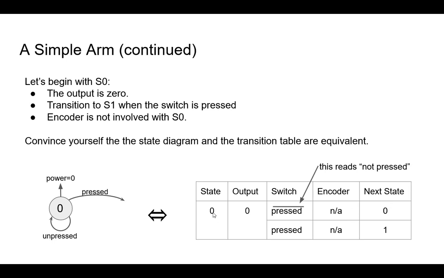So when we're at state 0, we remain in state 0 as long as the switch is not pressed. That accounts for this little loop here. When we're in state 0, we go to state 1 when the switch is pressed, and that's the transition out over here. So we can now build one of these little pieces for every one of the states that we have.